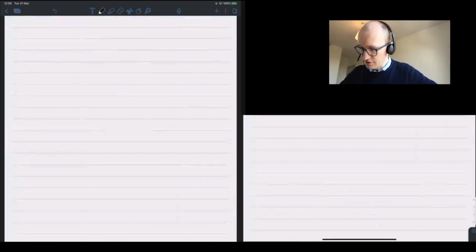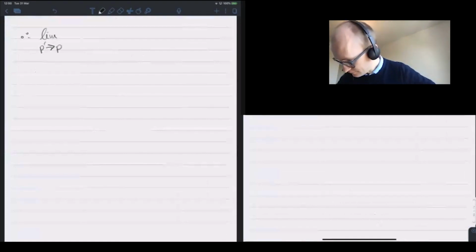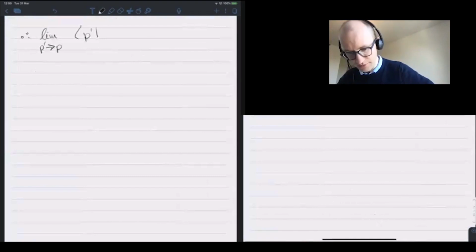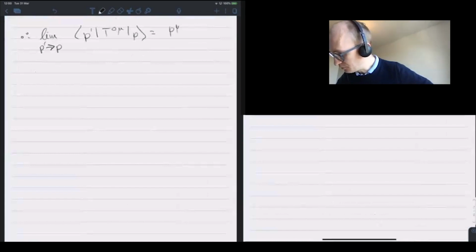And so our conclusion is that in the limit that p primed approaches p, p primed, T0 mu, p is now equal to p mu over (2 pi) cubed.